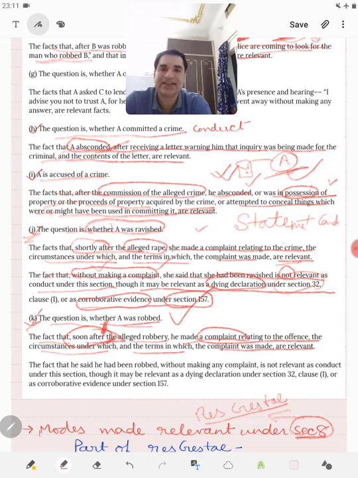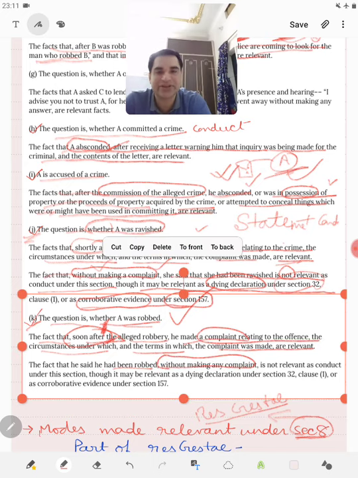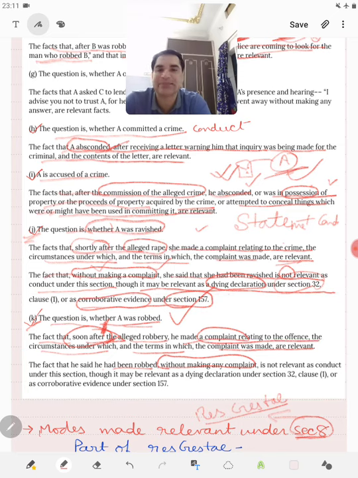The fact that he said that he has been robbed without making any complaint. So he says that he has been robbed, but he does not make any complaint. Mind you, we have learned the difference between a statement and a complaint. It is not relevant as conduct under this section, though it may be relevant as a dying declaration under section 32 or as corroborative evidence under section 157.